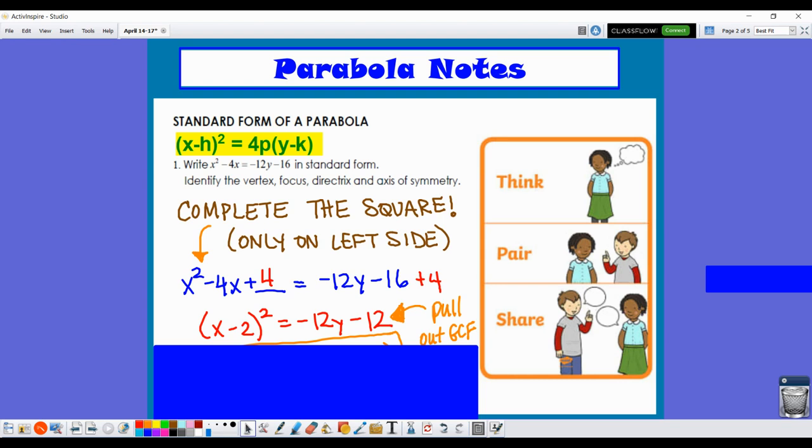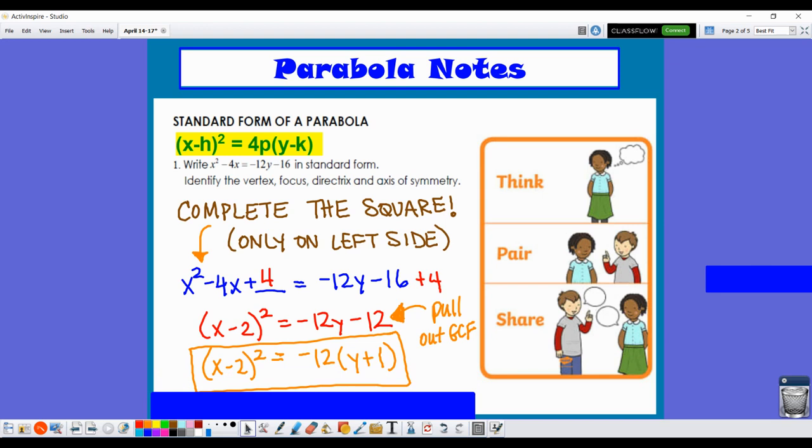We will be left with the quantity of x minus 2 squared equals negative 12 multiplied by y plus 1. Because remember, negative 12y divided by negative 12 leaves you with y, and negative 12 divided by negative 12 leaves you with a positive 1. We now have an equation that matches our standard form equation, but we're only halfway done. Now that we have that equation, we can answer the rest of the questions.